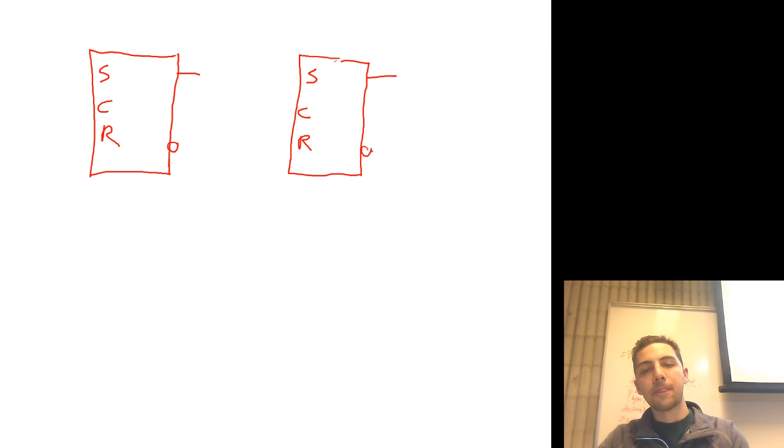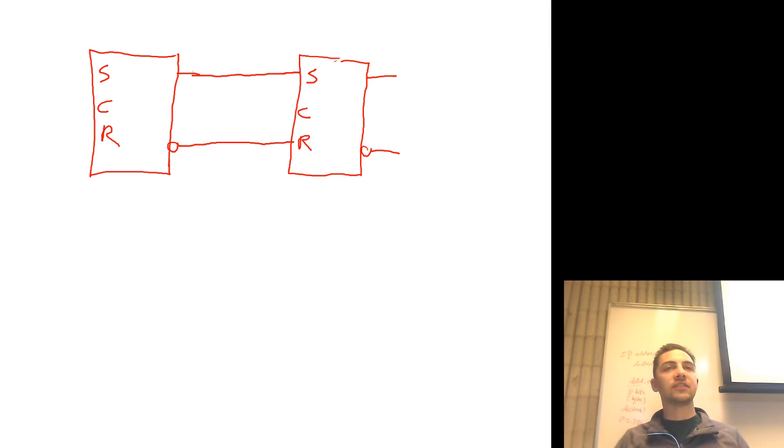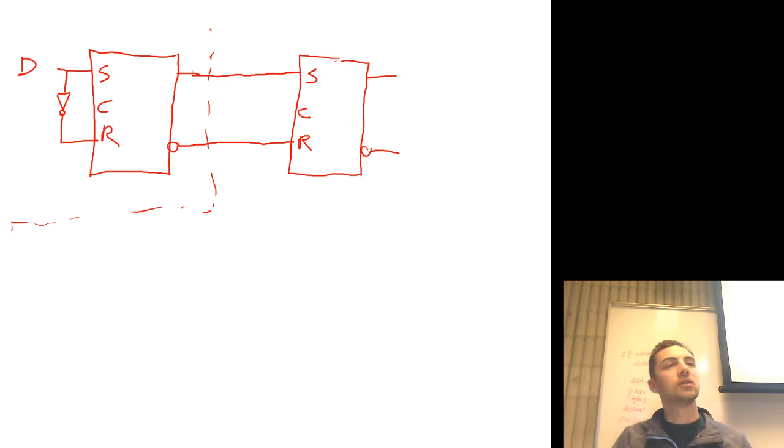Now, the way I'm going to hook it up is I'm going to hook up Q and Q bar to S and R. Furthermore, I am going to put together an inverter here. So I've effectively turned this first SR latch with control into a D latch, or a transparent latch. And in fact, this second SR latch with control is also a D latch, even though I didn't use an inverter.